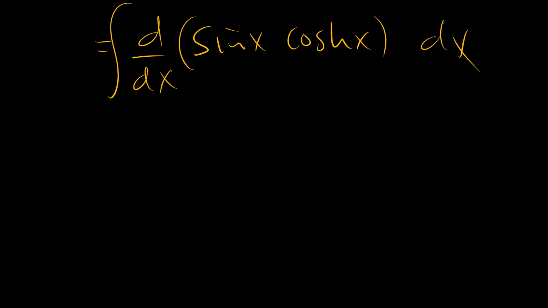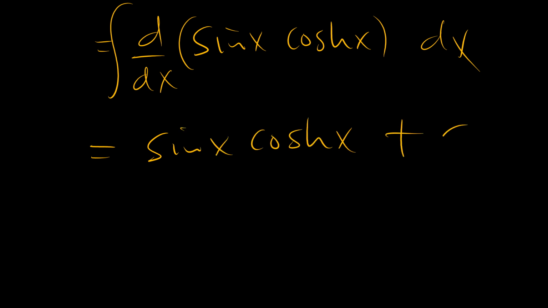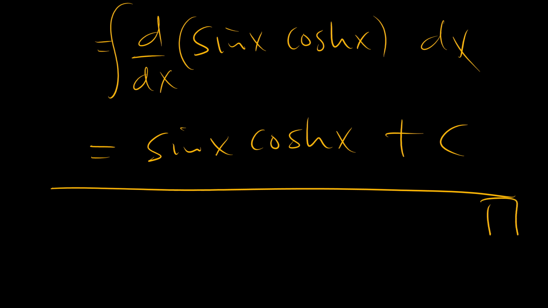Since the integral is the antiderivative process, if you differentiate a function and then integrate, you've gone back and forth. So this becomes sine x times cos x plus c. And so within just a couple of minutes, you're able to answer the question.